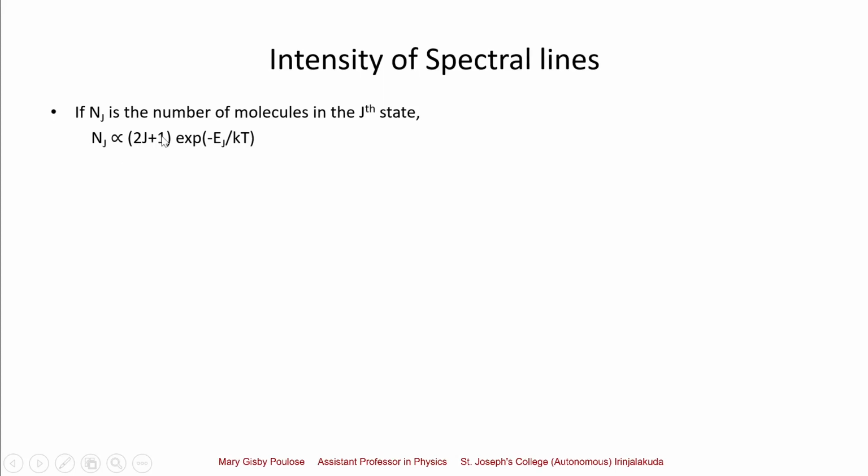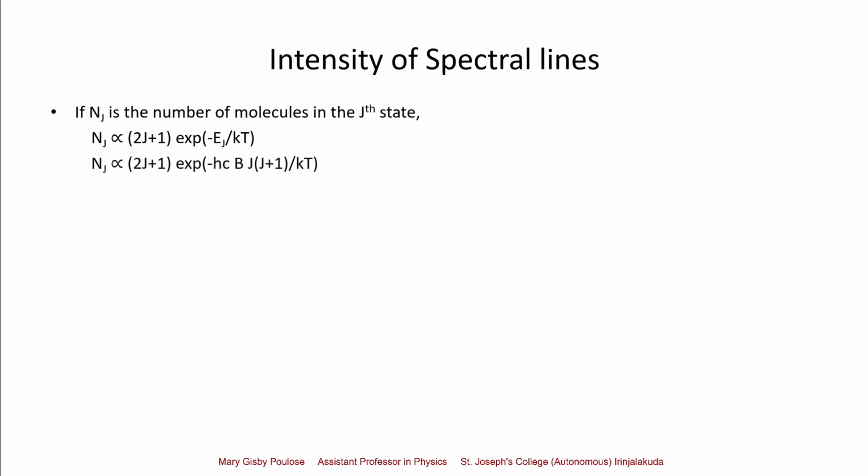Each energy level has 2J plus 1 fold degeneracy. That is, 2J plus 1 states have the same energies. All of these energy levels are called degenerate energy levels. So, Nj is proportional to these two factors. 2J plus 1 is due to the degeneracy of the energy levels, and e raised to minus Ej by kT is due to the population distribution of the molecules according to Boltzmann's distribution.